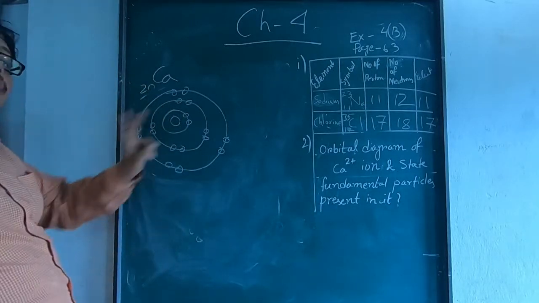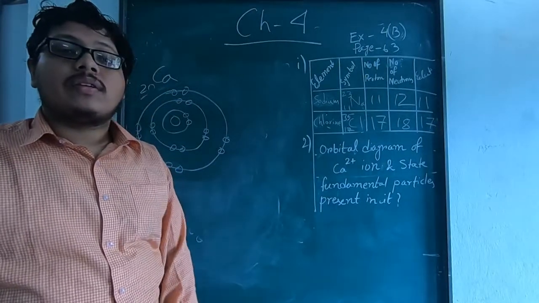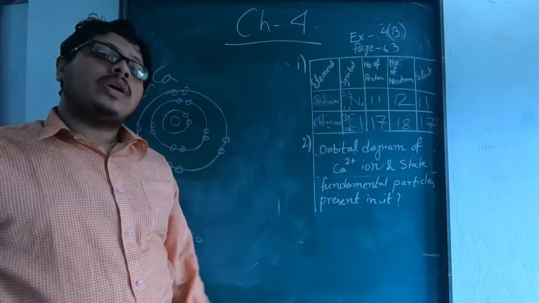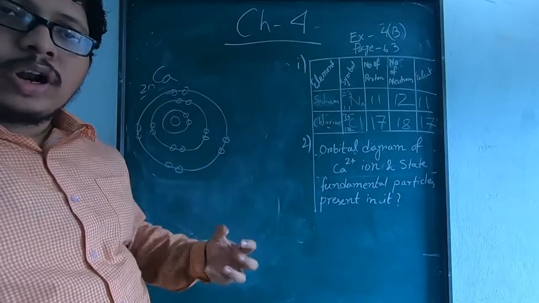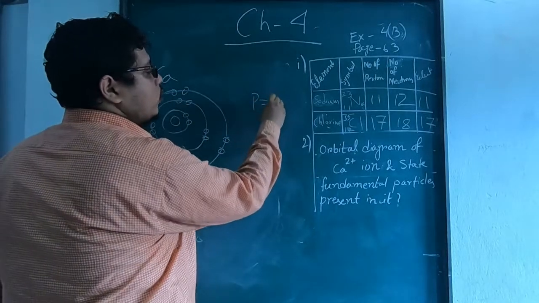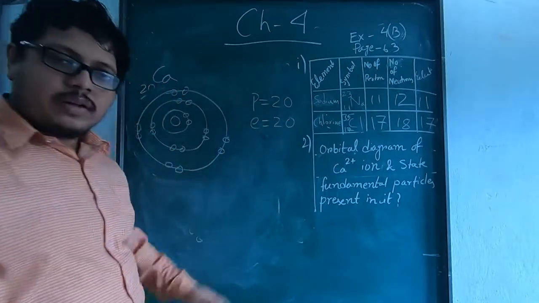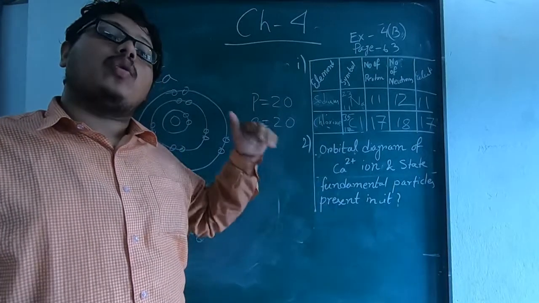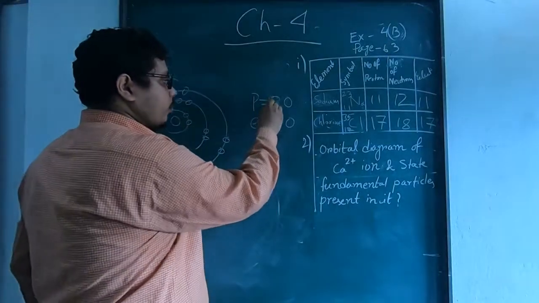So since it has lost 2 electrons, now electrons have what charge? Electrons have negative charge, is it not? Before, what I told you is that in an atom the number of protons and electrons is always the same. So before, how many protons were there? 20 protons. And how many electrons? 20 electrons, right? 20 protons have plus 1 charge each, so plus 20.